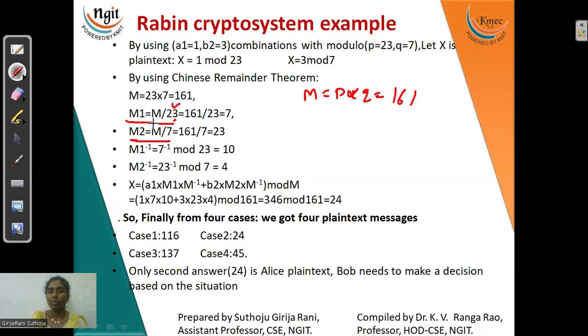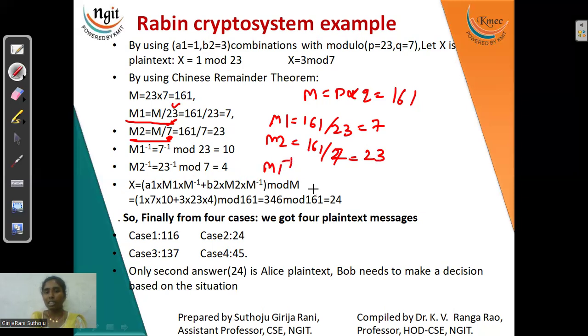Similarly, M2 is generated by M divided by the Q value, 7. So M1 is 161 by 23, that value is 7. Next, M2 is 161 by 7, the Q value, that is 23. Then M1 inverse, similarly M2 inverse. This value will be 10 and 4. So I am generating this directly with all proper mathematical calculations. We have done this, right?